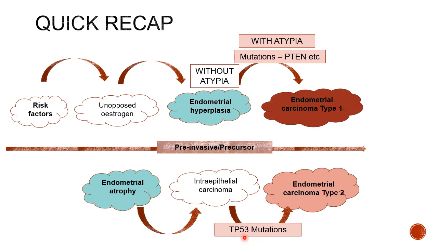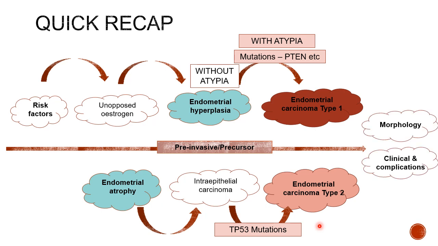Typically, it involves a TP53 mutation. We have also discussed the morphology and clinical complications of endometrial hyperplasia and endometrial carcinoma type 1 and type 2, and we have also compared the 2 types of carcinoma in the table that we discussed earlier.